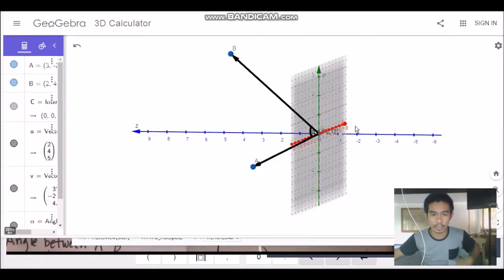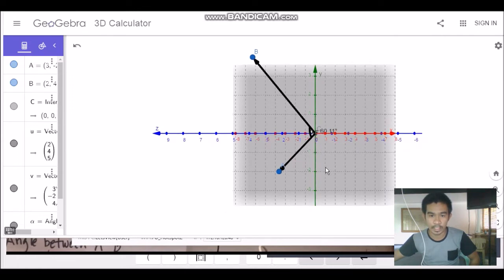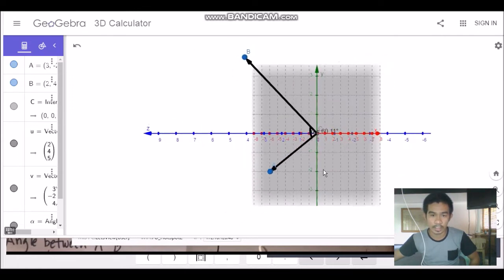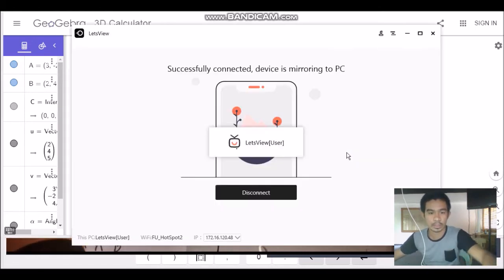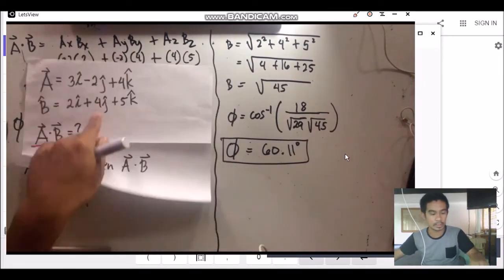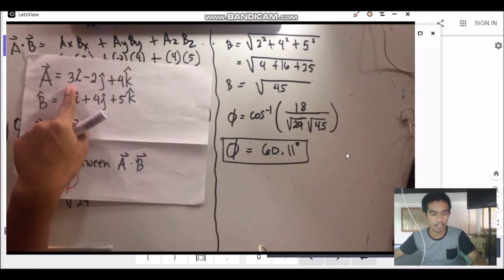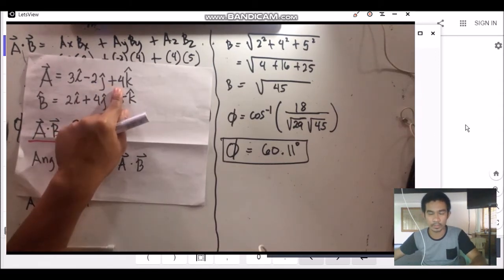So I have here two vectors, vector A and vector B. So this is vector A. Okay, this is the x-axis. Vector A has x component of 3, a y component of -2, and then 4 units of z component.